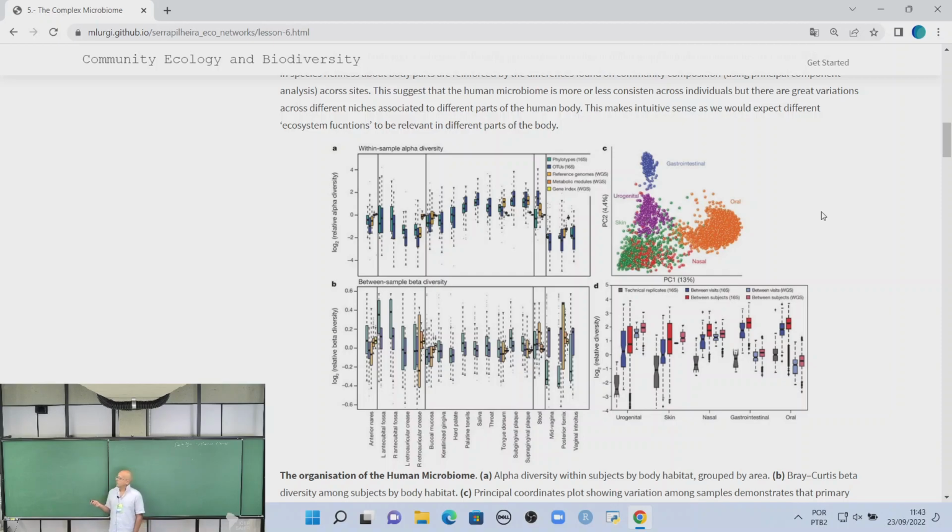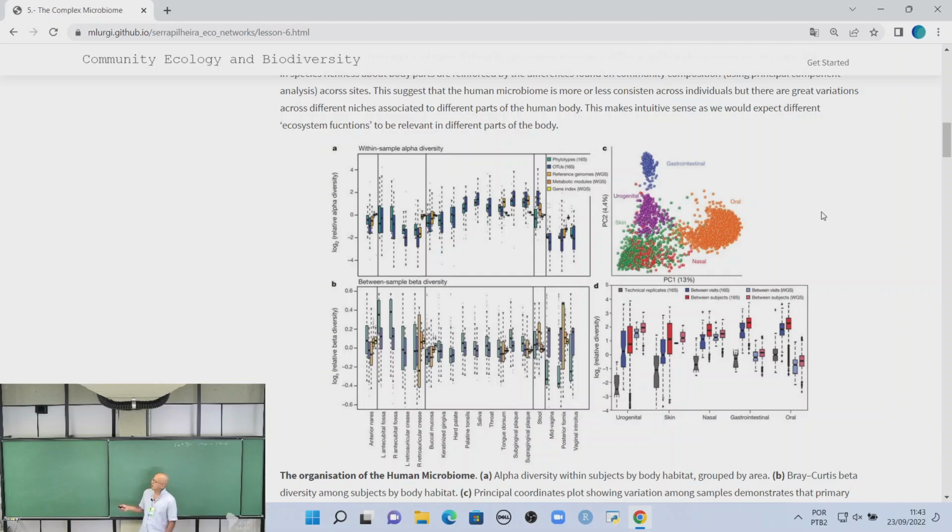So analyze this kind of information. In this particular example, this is an analysis of the organization or the structure of microbial communities in the human microbiome. In here, we have again the same sort of ordination plot in which you can see how different colors represent samples coming from different parts of the body, and they sort of aggregate in different places.